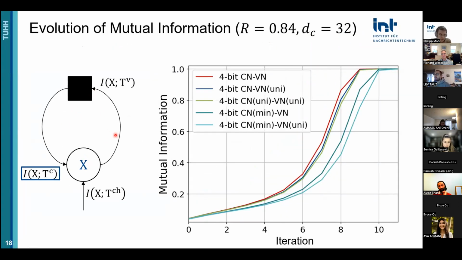Yeah, so what we do can be described by that picture. We first compute the joint distribution between X and the message from the channel. This is the starting point. From that, we can generate the input distributions for the check node and perform the update according to the check node behavior. Then we have the output distribution.